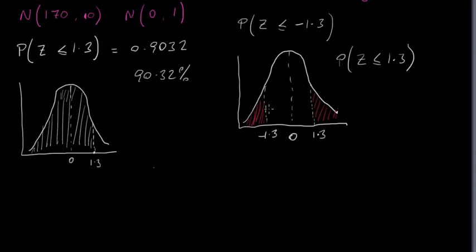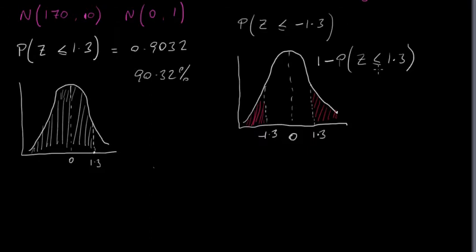We know that the probability of being underneath the entire curve is 1. So all we need to do is find 1 minus the probability of z being less than 1.3, and that will give us this area here, which is exactly the same as this area here.